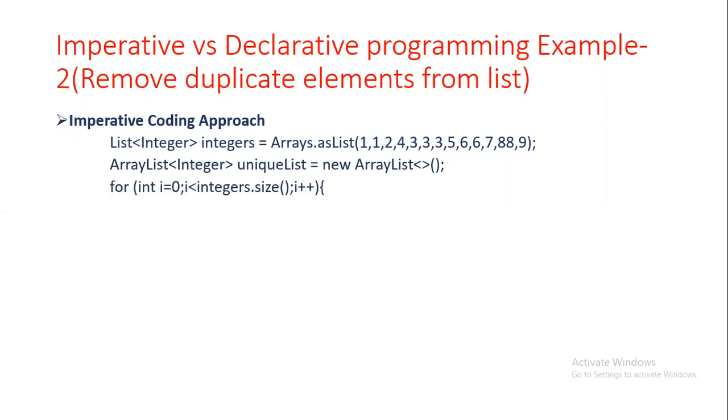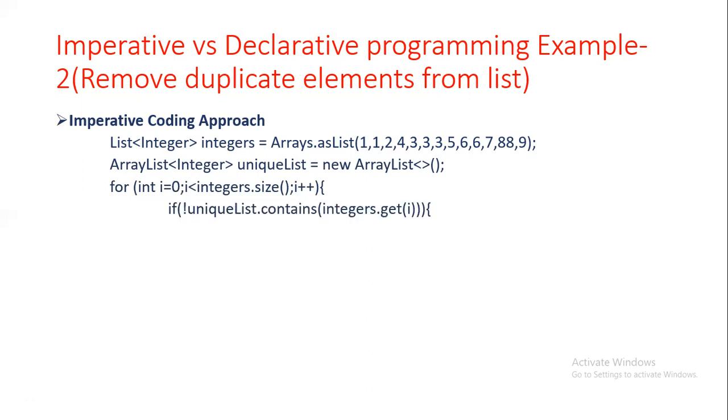I'm iterating over the list of integers one by one based on size. In a list there is a size method that gives us how many elements are in the list. I'm starting from index 0.